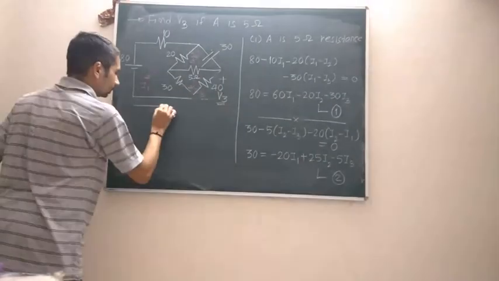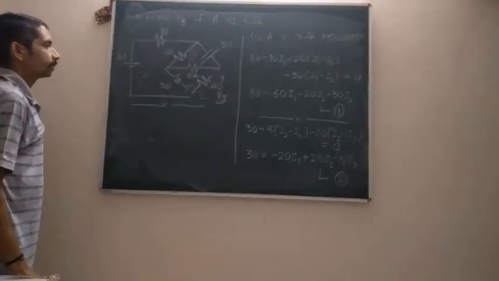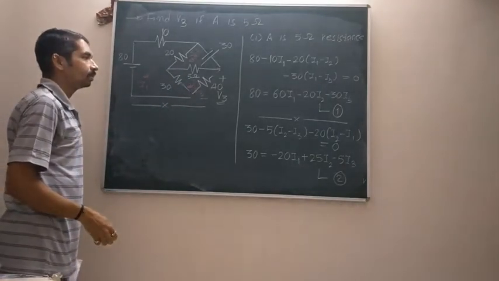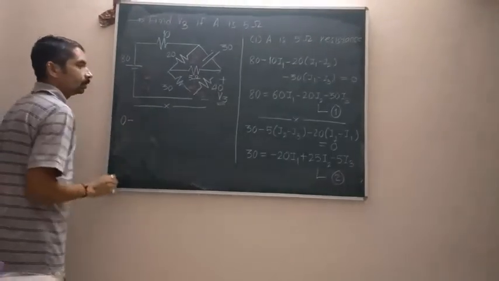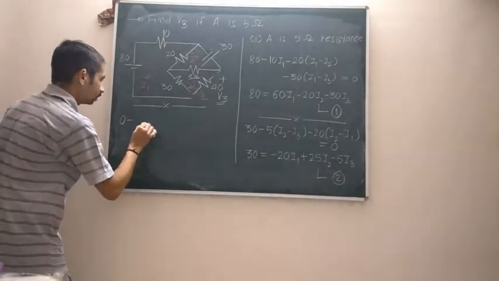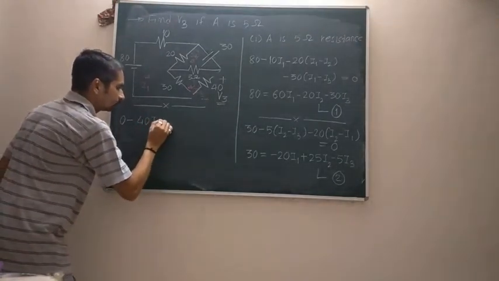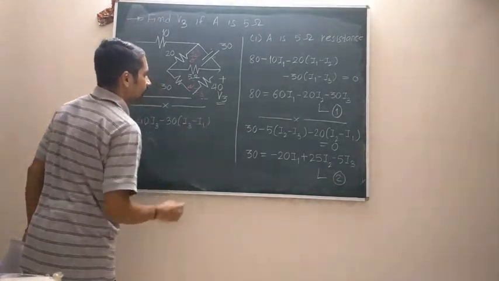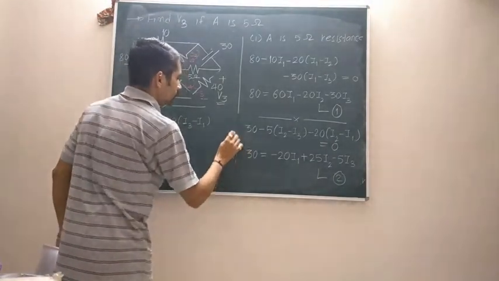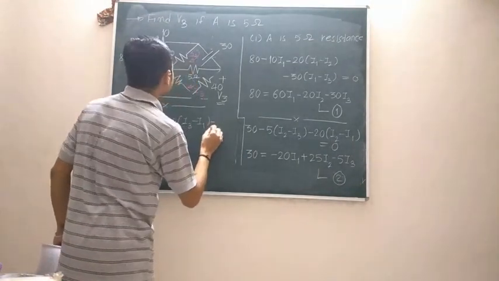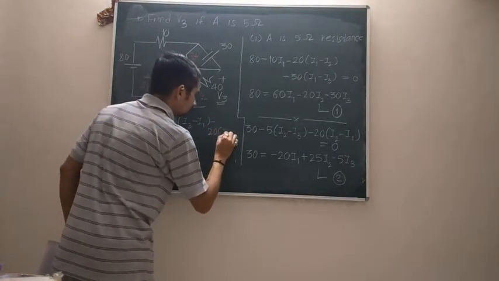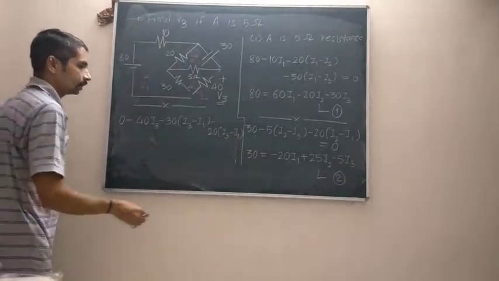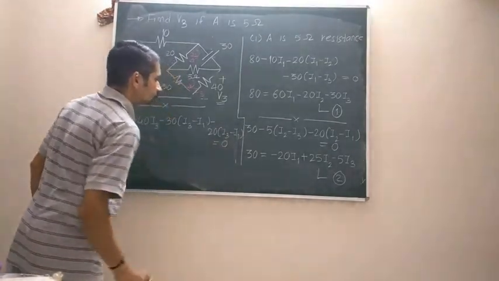And then I will apply KVL to my third loop. For the third loop, no voltage source is present anywhere in the loop. Therefore, it will be 0 minus 40I3 minus 30 into (I3 minus I1) minus 20 into (I3 minus I1), and this entire addition is going to be equal to 0.